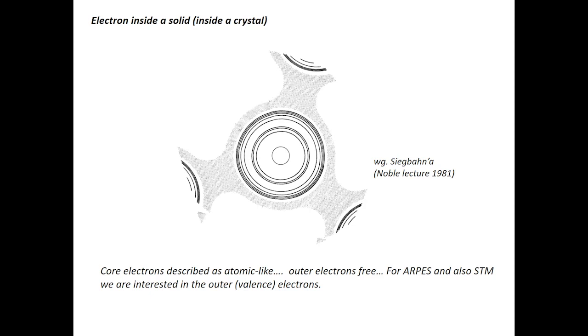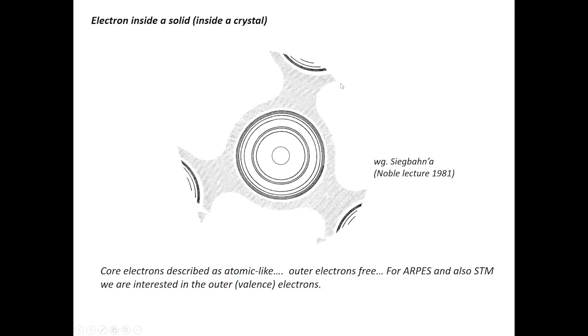This is the picture of the situation from Siegbahn, who got the Nobel Prize for photoelectron spectroscopy in '81. You have these core electrons here, which we can think of as bound to atoms, and then you have the valence electrons, which are not localized on atoms, so they move freely in the crystal.